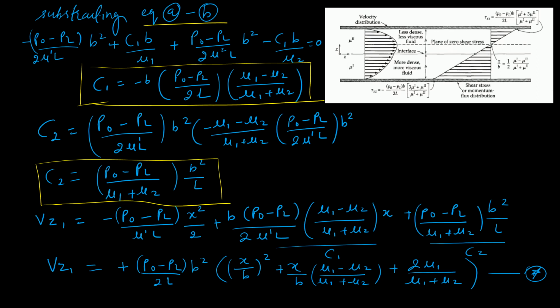And substituting the values of C1 and C2 in the velocity profile equation, we get the velocity distribution for fluid 1. This is my velocity profile equation for fluid 1.